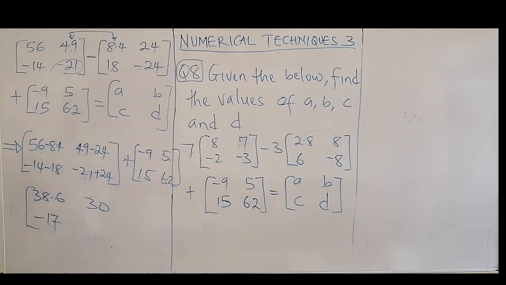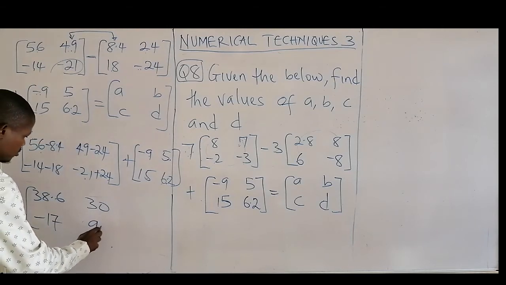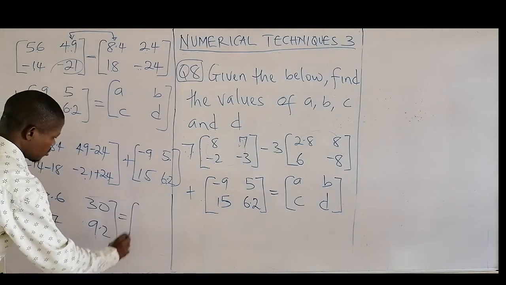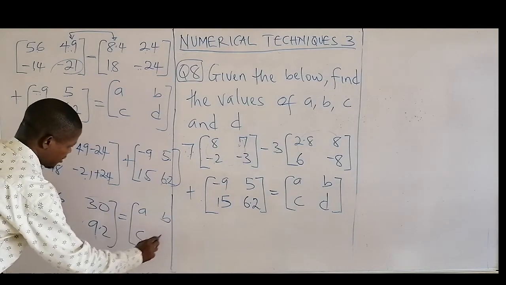And this one, minus 21 plus 24 plus 6.2, that's 9.2, equal to A, B, C, D.